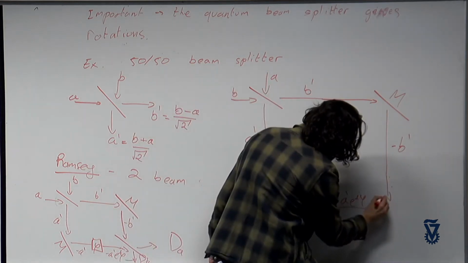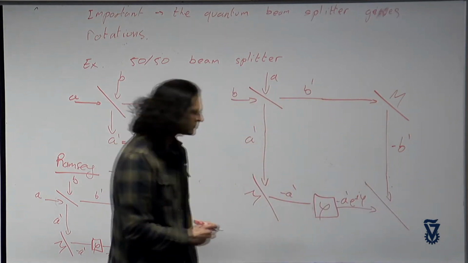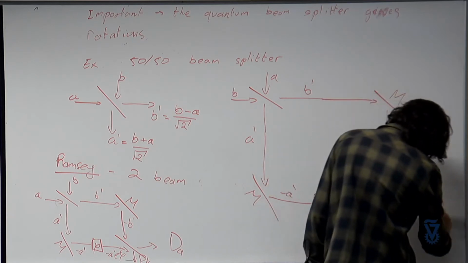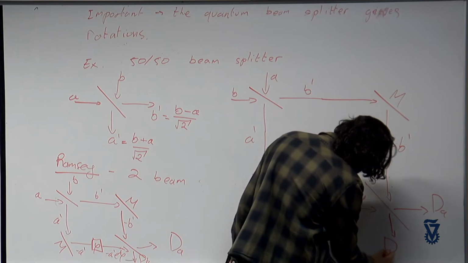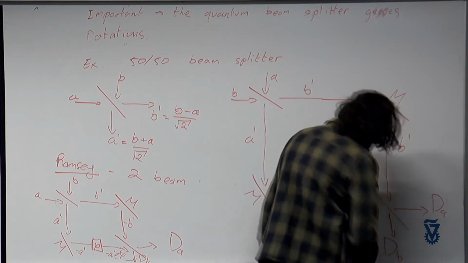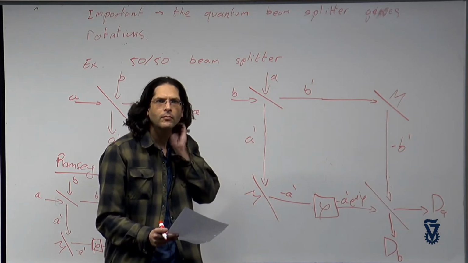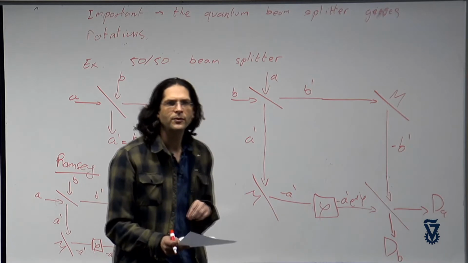And finally, this is all going to come into another beam splitter. And whatever is transmitted here will go into detector A, and whatever is transmitted here will go into detector B. And this detector is just going to count, is there a photon and is there not a photon?